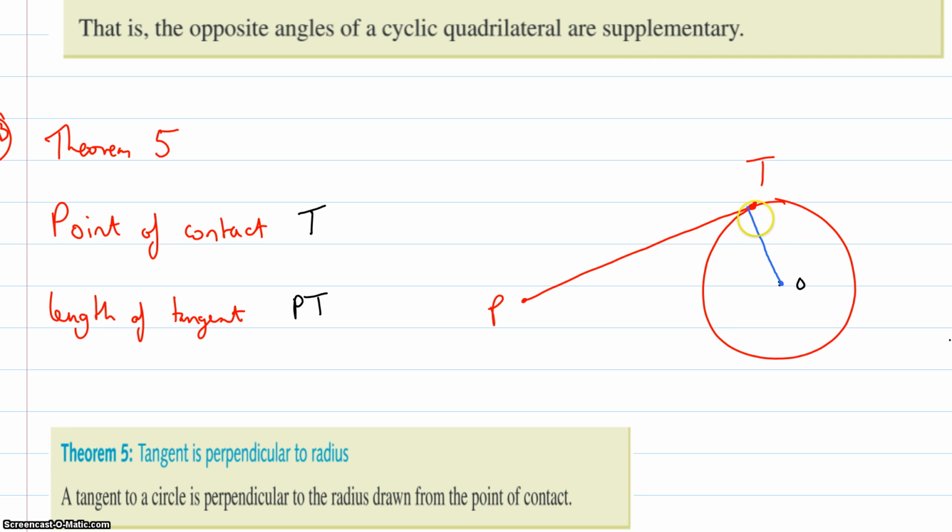The absolute shortest way to get from this point to this line will be when that is a right angle there. So therefore we can say that this line here is perpendicular to this line here. So whenever you've got a tangent, the tangent is always perpendicular to the radius.